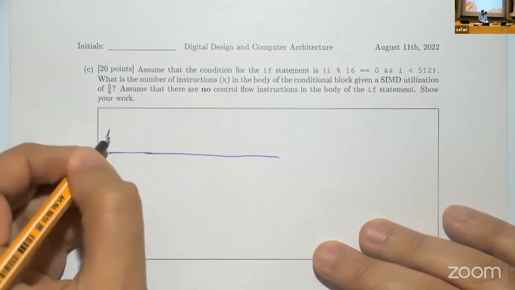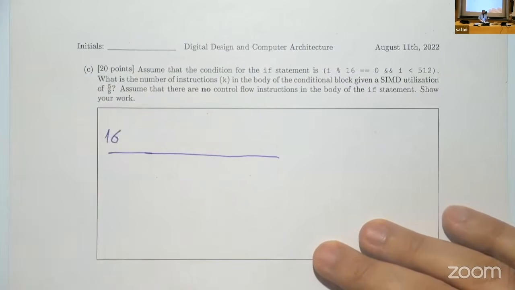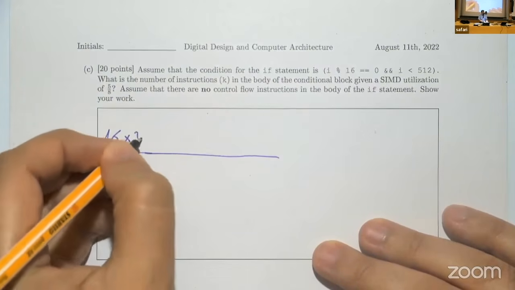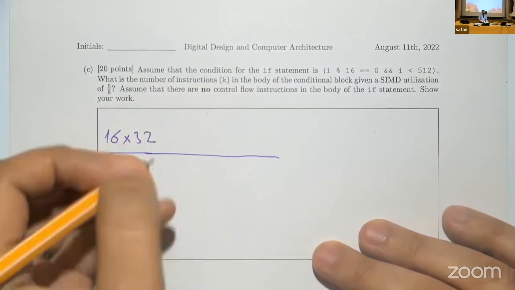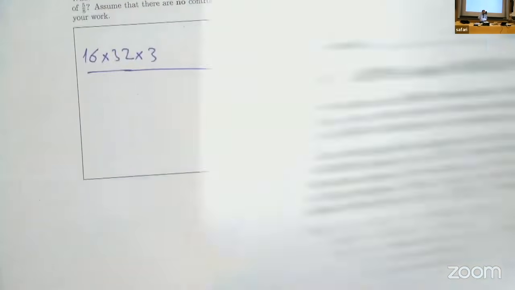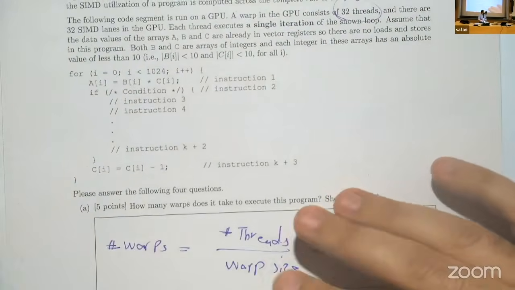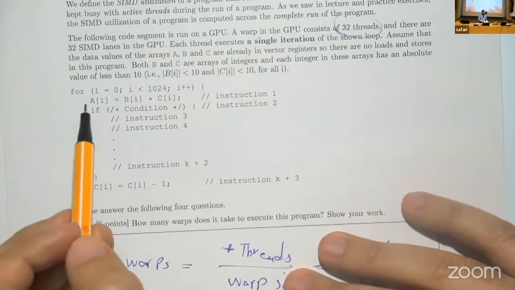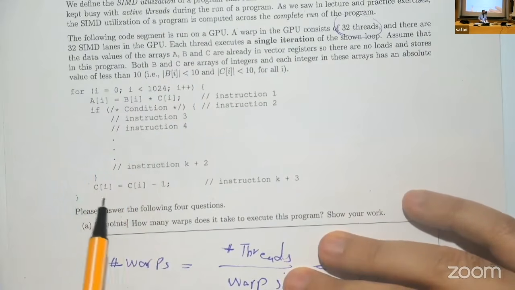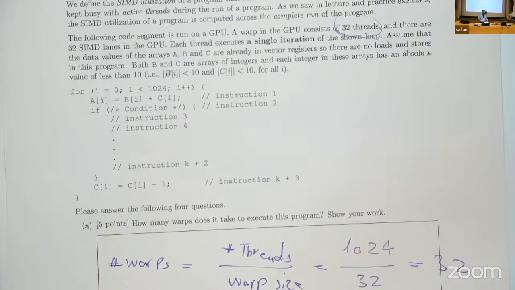So there are 16 warps that all have 32 threads, and all threads run only 3 instructions, because they run this, and since they don't take the branch, they only run the last instruction.